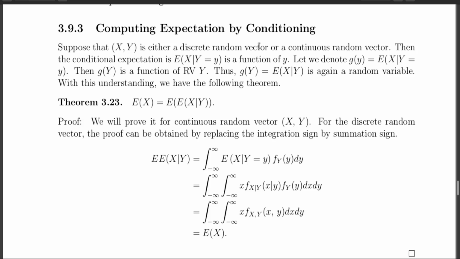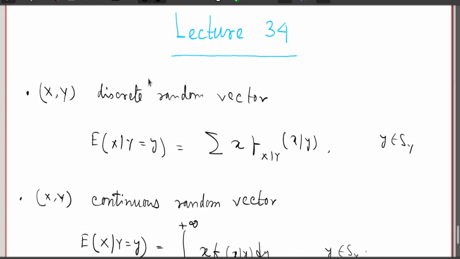Before going into the theorem, which says that expectation can be written as expectation of X given Y, let us first discuss what we mean by expectation of X given Y. What we have seen till now is the conditional expectation of X given Y for the continuous random vector (X, Y) and for the discrete random vector (X, Y).